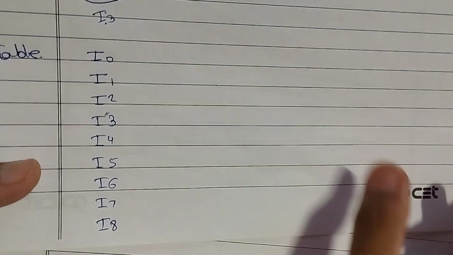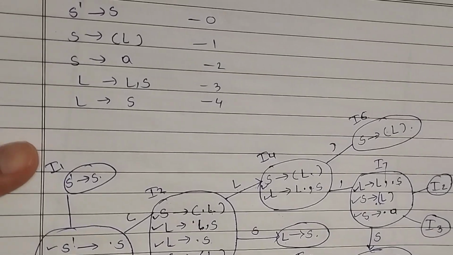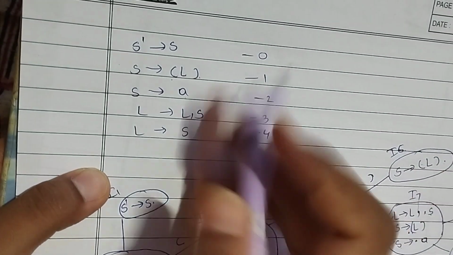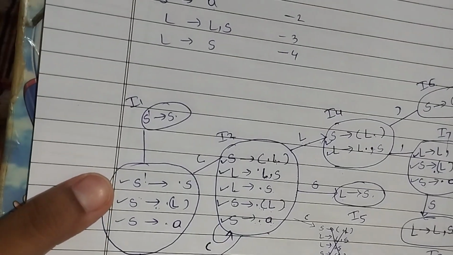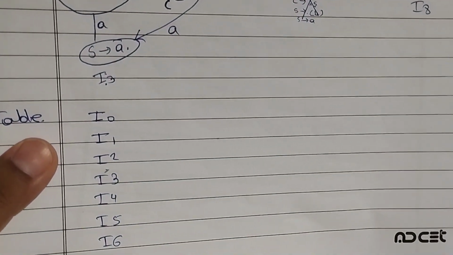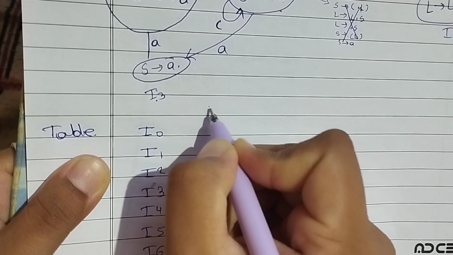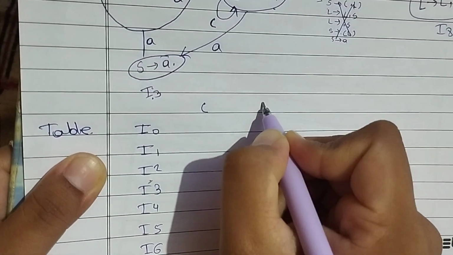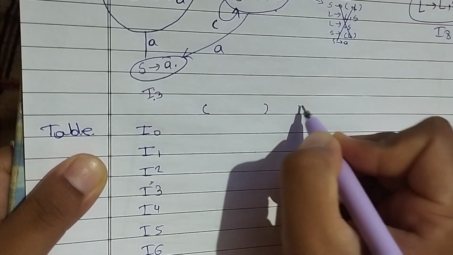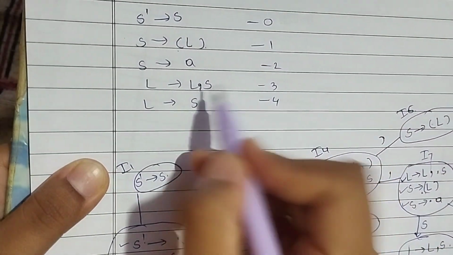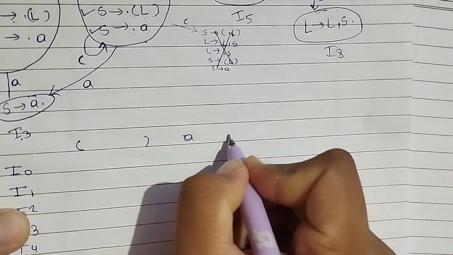First we write all the terminals. Which terminals are present? Opening bracket, closing bracket, small a, and one more terminal is present here, the comma. This is also a terminal, so we write this also here.